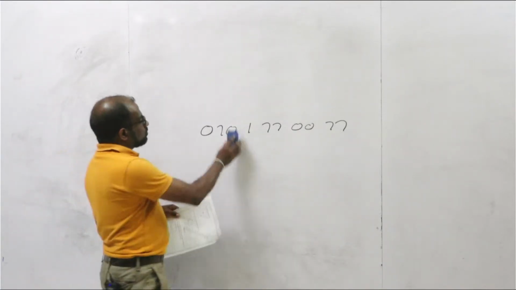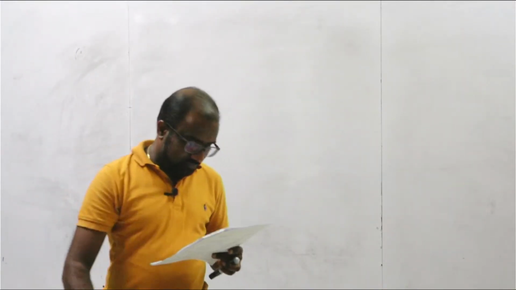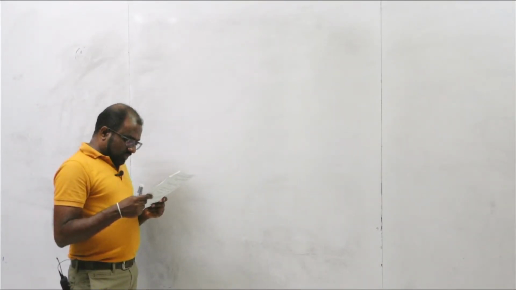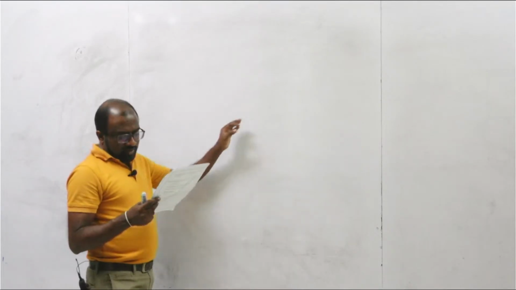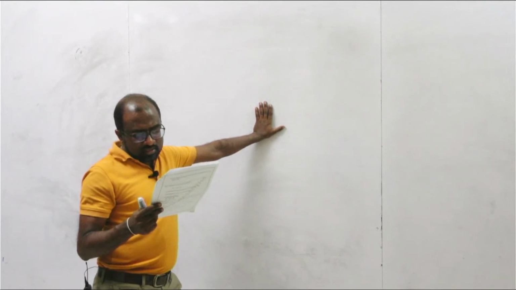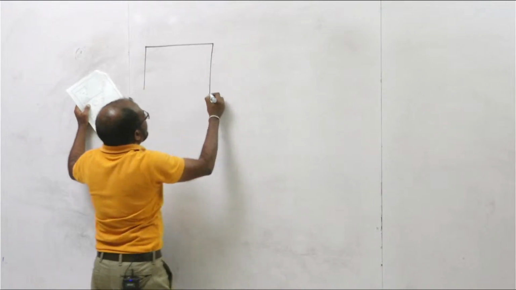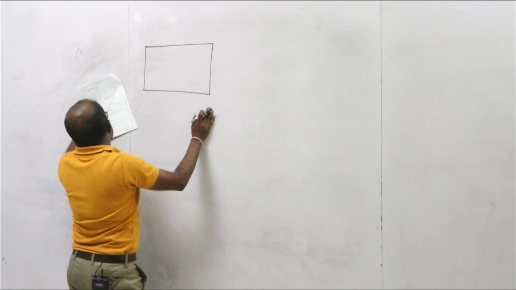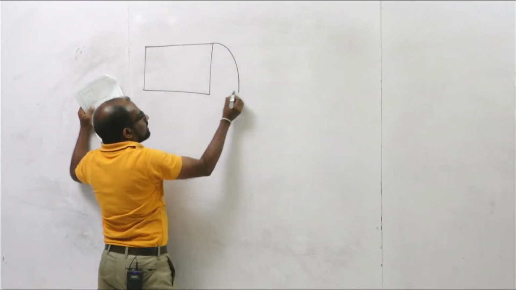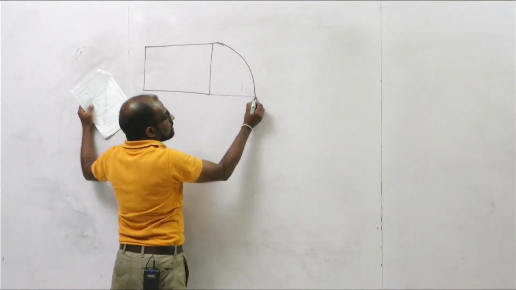We will go to the first question of part 2. Given below is a sketch of a home garden where the rectangular part is covered by grass and the circular sector is a pond. The rectangular part is covered by grass, and this quarter circular part is a pond.